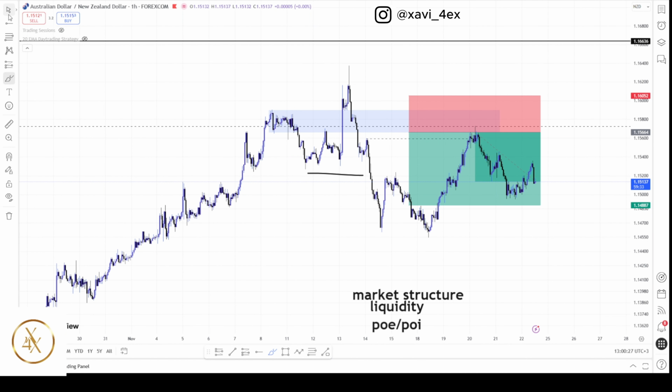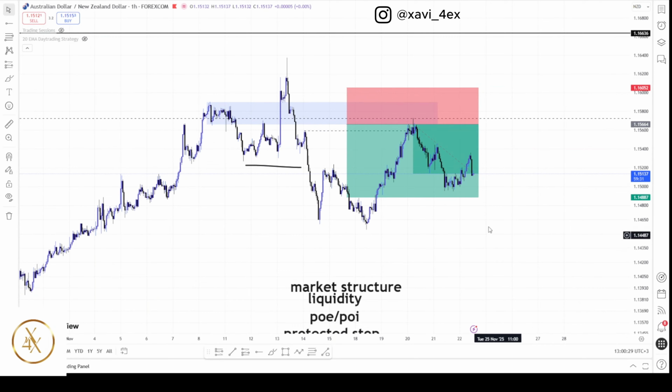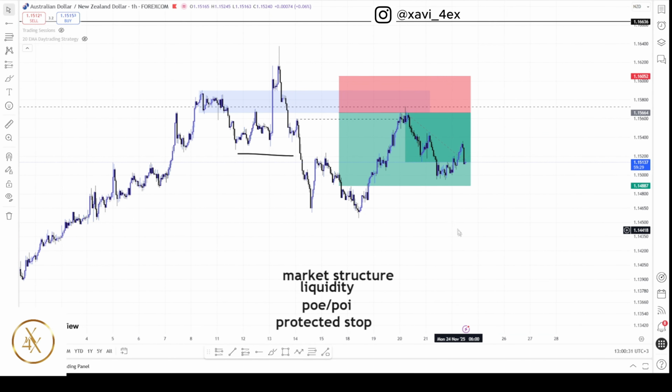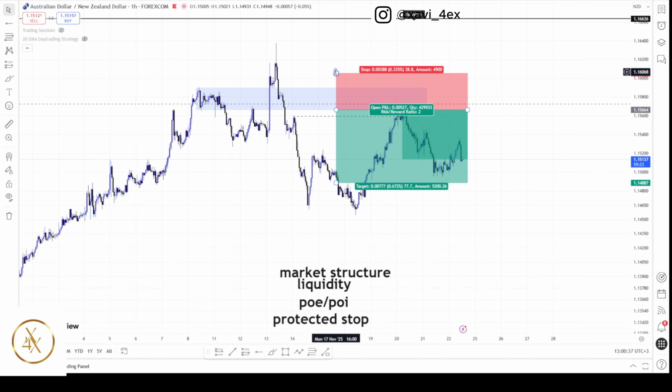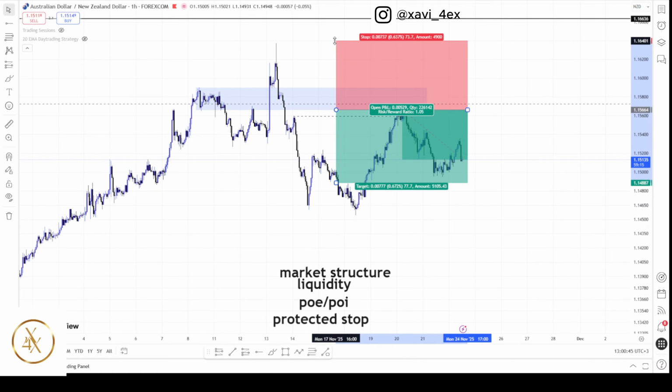Basically after doing all that, the last thing is to have a protected stop. For this particular one, I would have had a stop above here, which would have been a big stop.